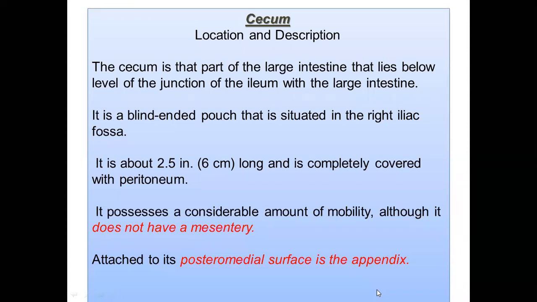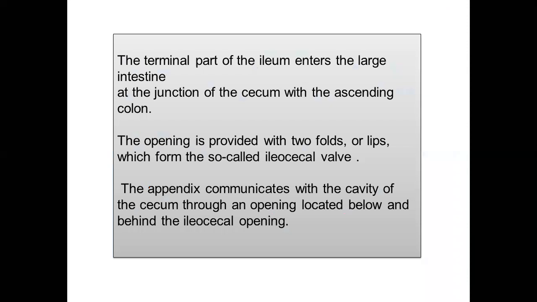Now on the posterior medial side of the cecum is the appendix. Again, this is the same revision: the terminal part of the ileum enters into the large intestine at the junction of the cecum, and this cecum then continues as the ascending colon. This opening is provided with two folds or lips which form the ileocecal valve.